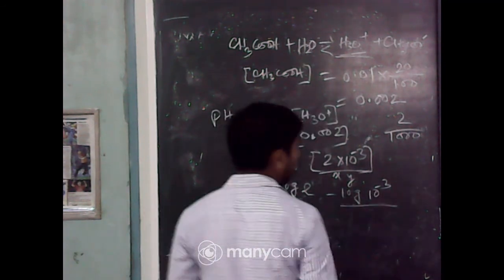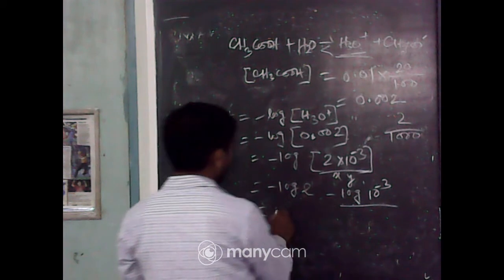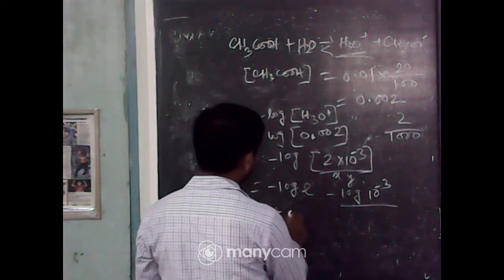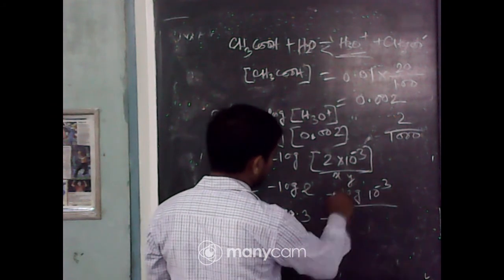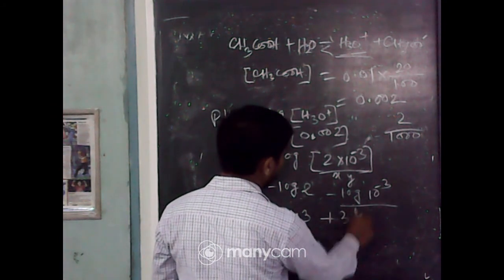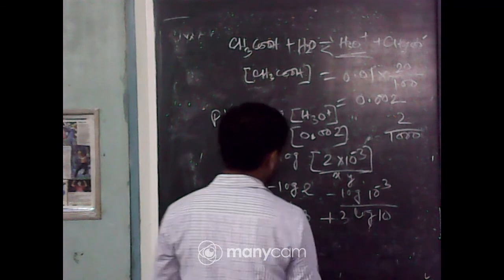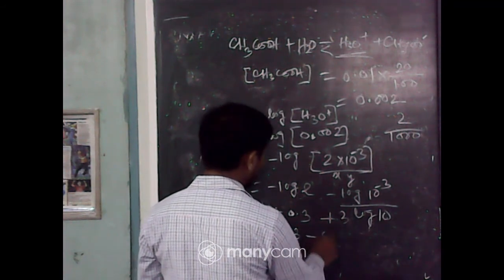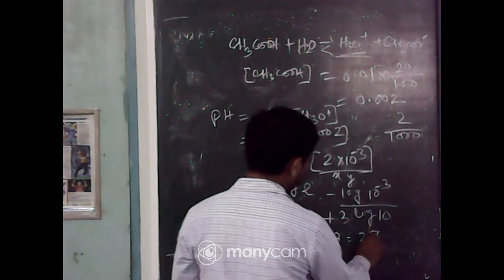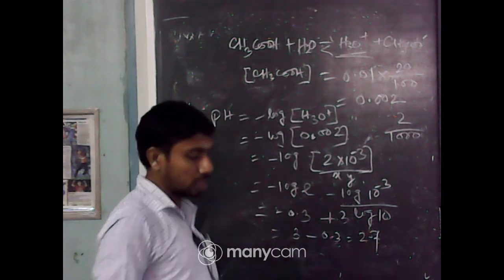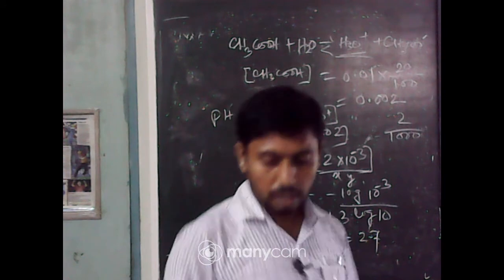Here x to the power y works, minus log 2, log 2 having a value of 0.3, plus 3 log 10, that is equal to 3 minus 0.3, that is equal to 2.7. So, the pH of the solution is 2.7, right.